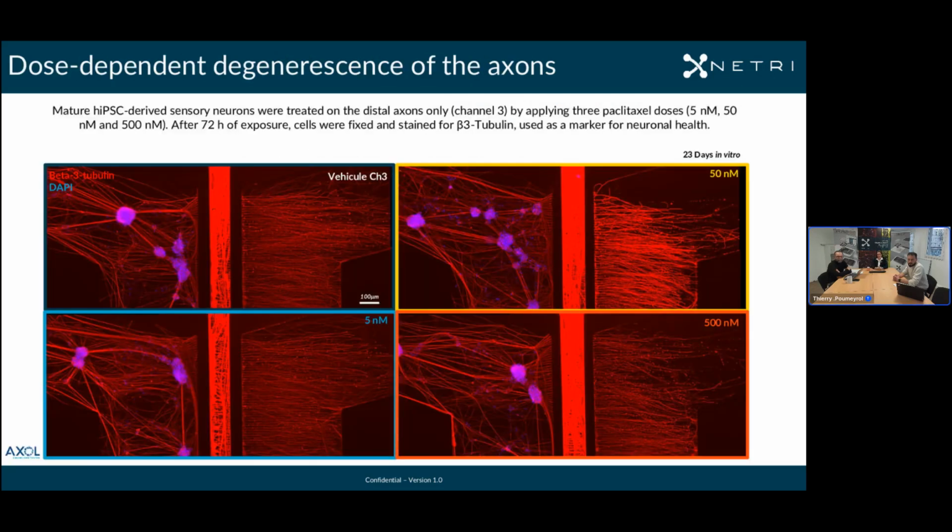So we apply 3 different doses of paclitaxel in our model, from 5 nanomolar to 500 nanomolar, on channel 3. We expose them for 3 days, then fix and stain for beta-3 tubulin, which we use as a marker of neuronal health.